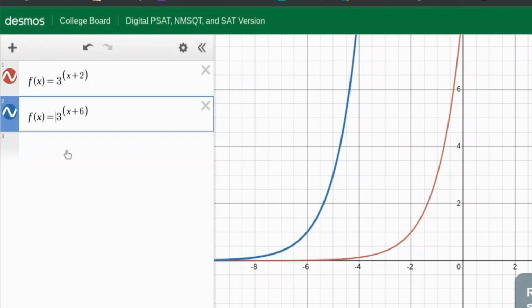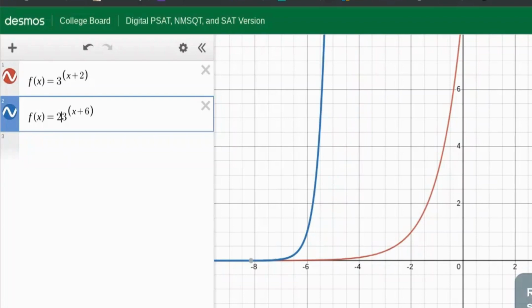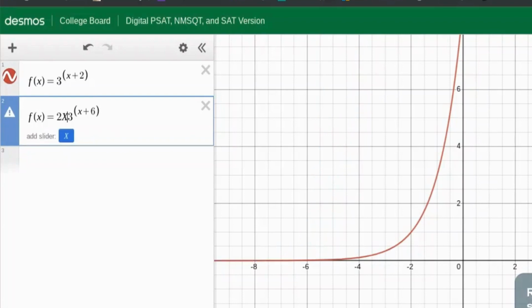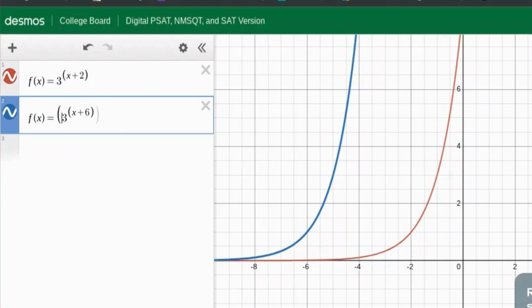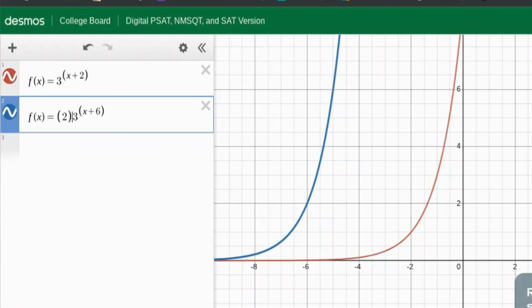So, instead of writing just 2 times, that's not going to work. It would be this 2, there we go. So this would be your vertical stretch by a factor of 2.